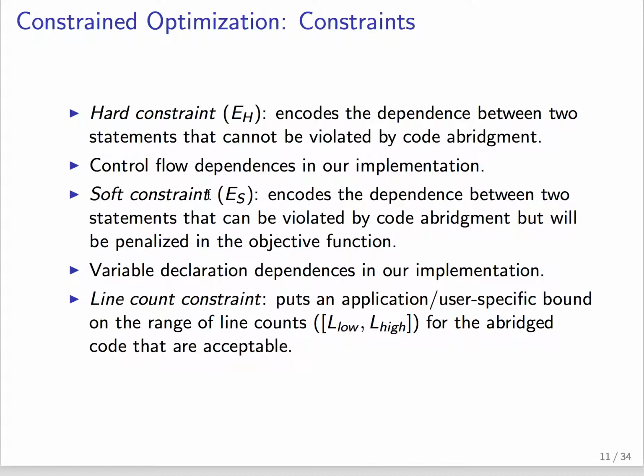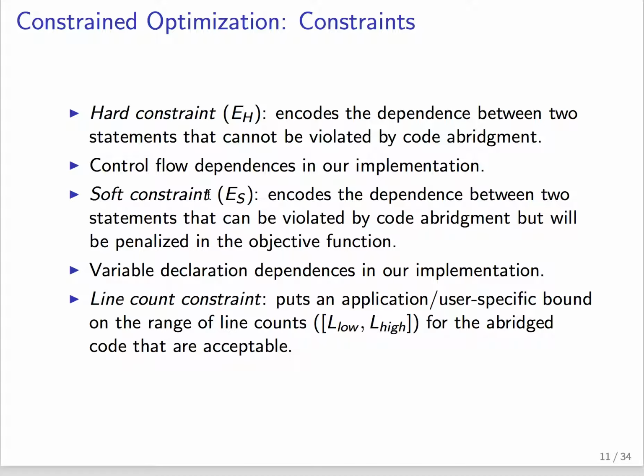But if it does not, we still accept such results, but we will put a penalty term in the objective function. In our experiments, we choose the variable declaration dependency as the soft constraint.